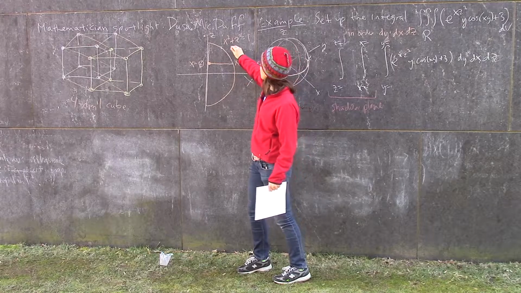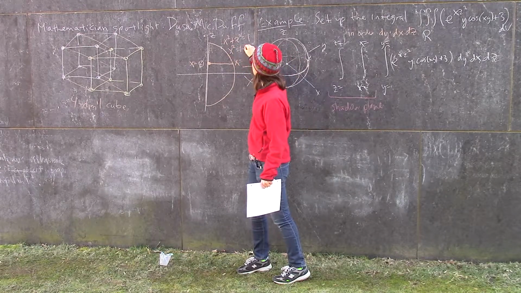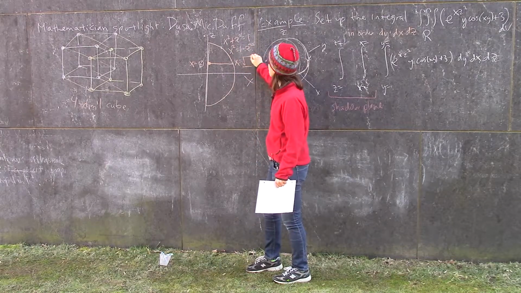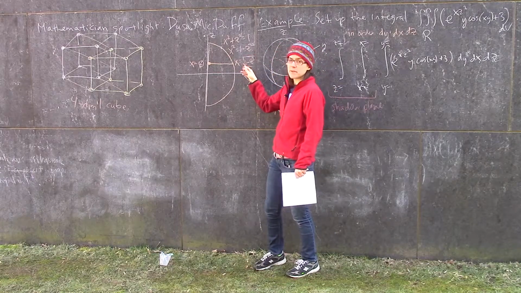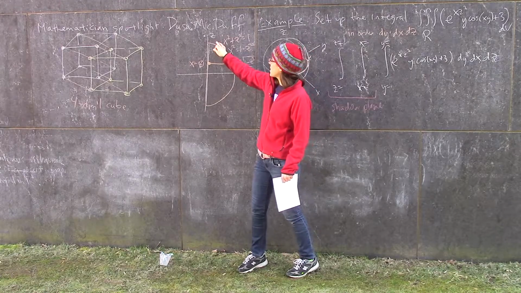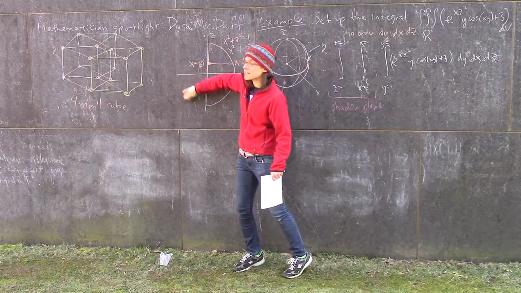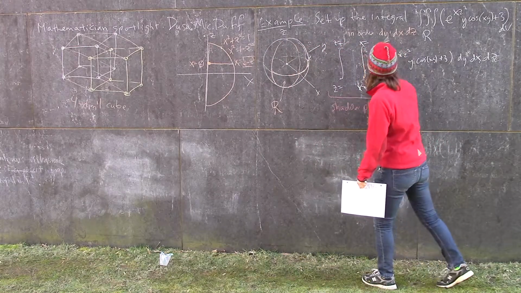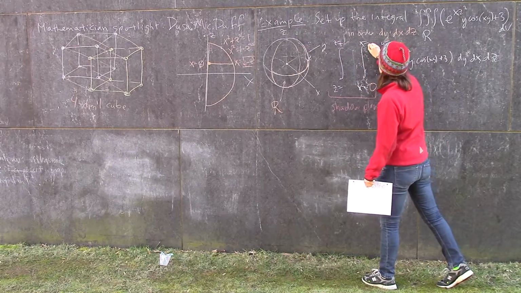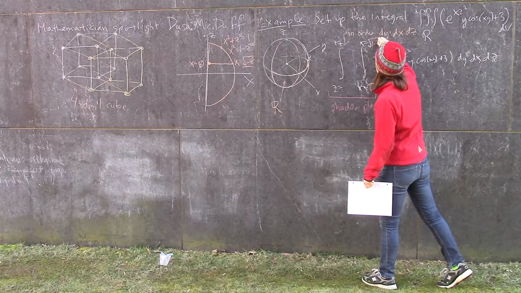So if we want to solve for x, we get x squared equals 1 minus z squared. So x is the square root of 1 minus z squared. And maybe it's positive or maybe it's negative. We should look. Okay, on this side it's positive and on that side it's negative. So we want the positive side. So x is going to go from 0 up to the square root of 1 minus z squared.